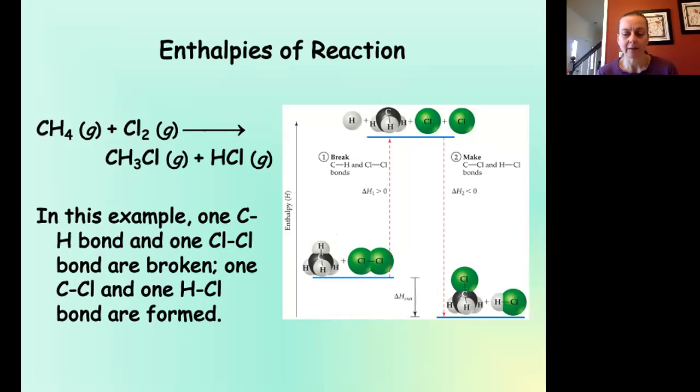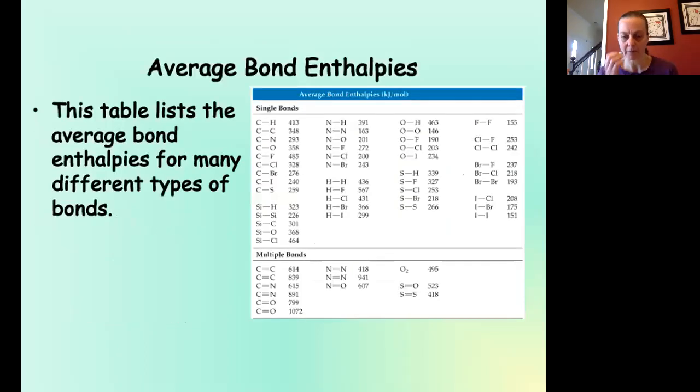So we're going to look at our table of average bond enthalpies here. Remember, one carbon to hydrogen bond and one chlorine chlorine bond are broken, one carbon to chlorine and one hydrogen chlorine bond are formed.